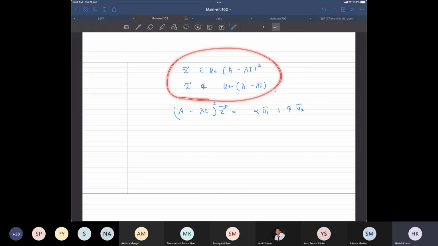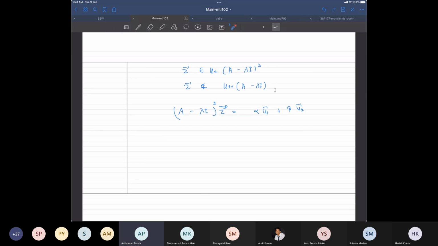The question is that I want index of Z to be 2, not 3. So alpha u1 plus beta u2 itself is an eigenvector, right? Yes, that is fine. That is not an issue. We can show that Z is index 2 with respect to that eigenvector alpha u1 plus beta u2. I want index to be 1, not 2. Of course, 2 is clear.